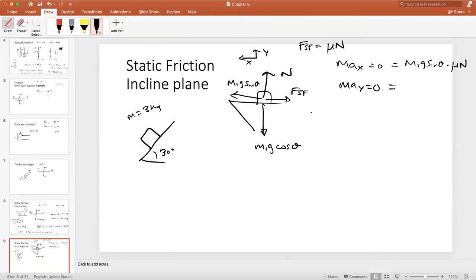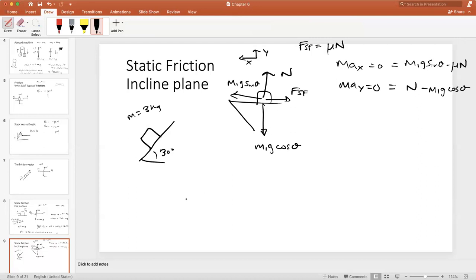Had I chosen X to be the other way, I would get that 0 was equal to the force of static friction minus this. But those are the only two forces, and because they're set to 0, it doesn't matter how many forces we have, because this equals 0, we can move it to the other side of the equation, and nothing changes. So it doesn't matter which direction we choose X to be in. Same with Y. We're saying it's up just to make sure our vectors end up with the appropriate signs, but Y could be positive down, and this would just flip sides, right?